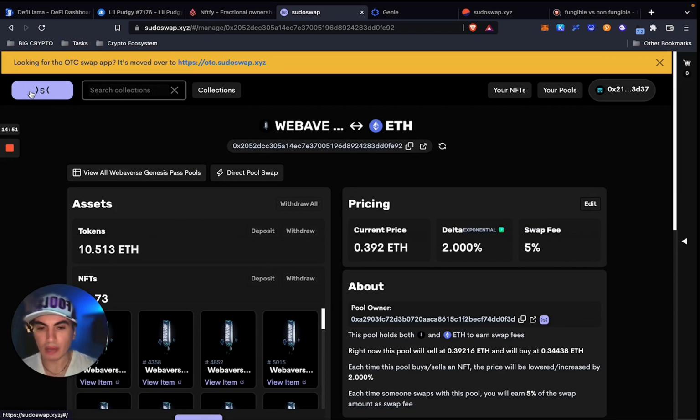So SudoSwap essentially allows you to have a way where you can provide instant liquidity, and another way is where you can sell your NFTs instantly, right?